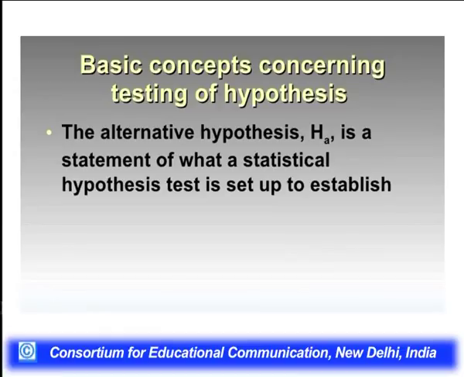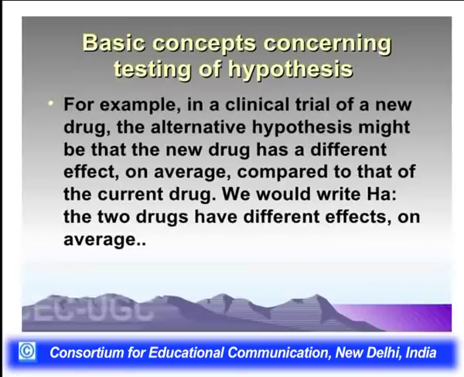Now coming on to the basic concepts concerning the testing of hypothesis. The alternative hypothesis, that is HA, is a statement of what a statistical hypothesis test is set up to establish. For example, in a clinical trial of a new drug, the alternative hypothesis might be that the new drug has a different effect on an average compared to that of the current drug.